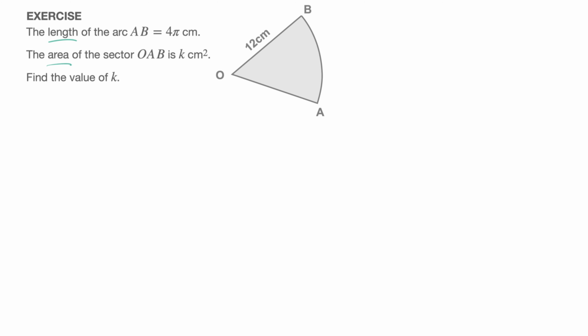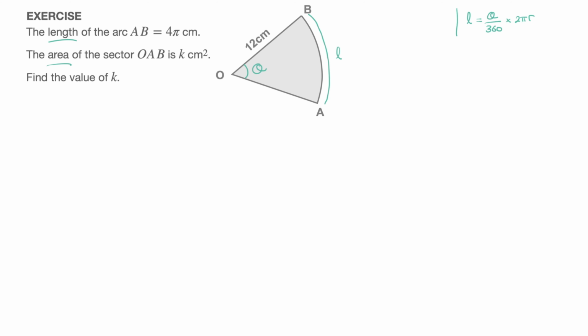But before doing that, let me give the angle that's formed by this arc a name. That would be this angle here, and I'll call that angle theta. Now this arc length, which I'll call L, is given by the following formula. L is equal to theta divided by 360 times 2 pi r.